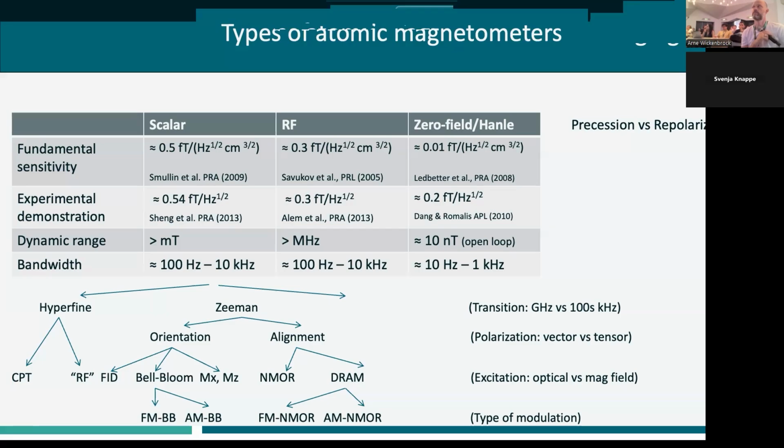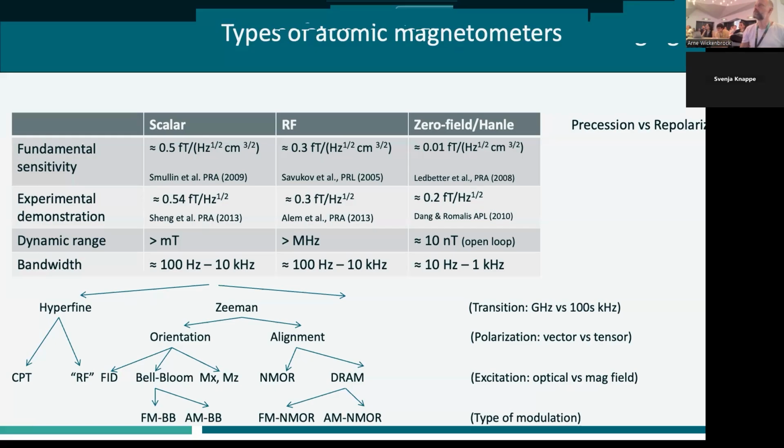So I have resonances somewhere in the gigahertz range or in the hundreds of kilohertz range. And then I can differentiate if I want to drive an orientation or an alignment, or in the energy space, do I want to couple neighboring energy levels or higher order ones. And so that's the next differentiation.